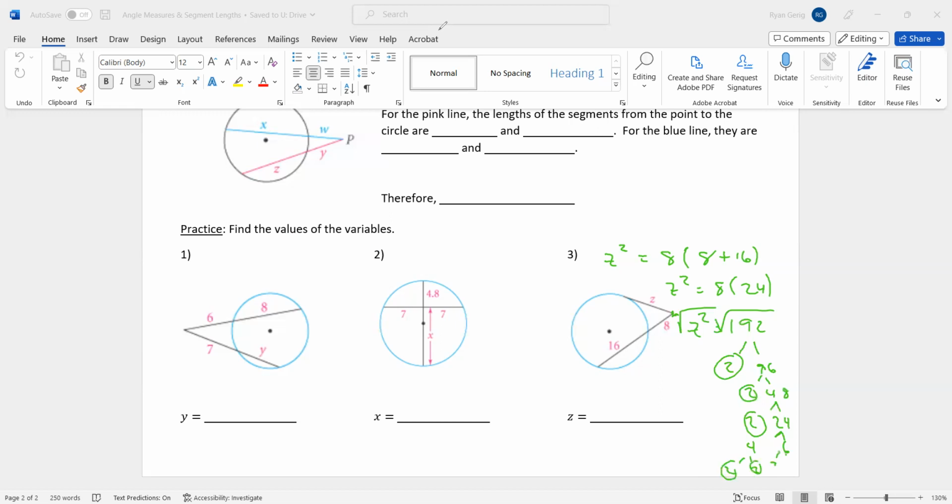And 6 is 3 and 2. So I've got a pair of 2s, that's a 2 on the outside, another pair of 2s, that's a 2 on the outside, and then another pair of 2s, another 2 on the outside, and a leftover 3. So it's 8 radical 3. If I said round to the nearest tenth, you would just type in square root of 192, or 8 square root of 3, and you should get 13.9.